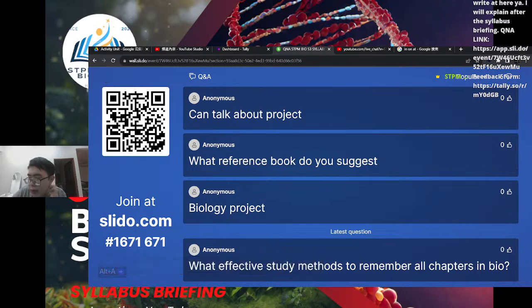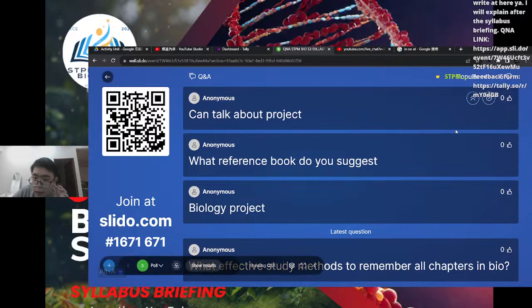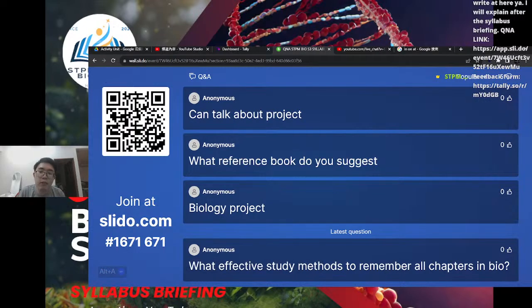First one is already mentioned in the ecology part. You have to go to your school field and find the species, and then throw the square board, the quadrat. If you don't hear, you can repeat back. I don't want to explain again.